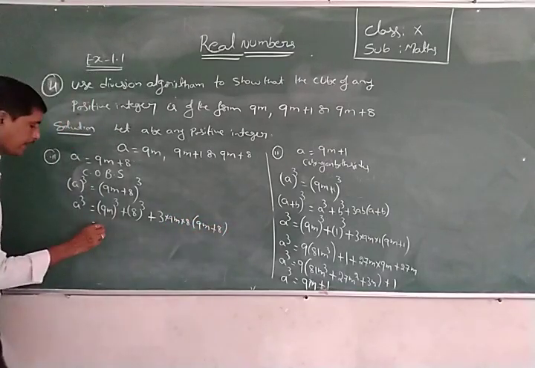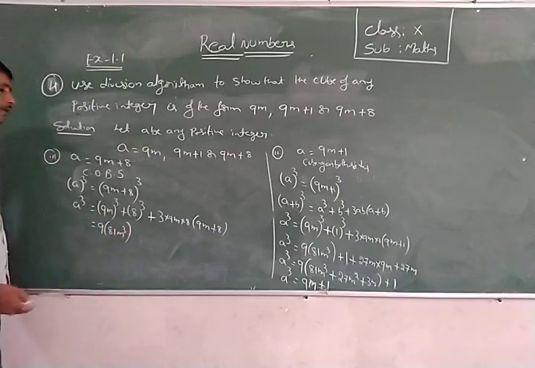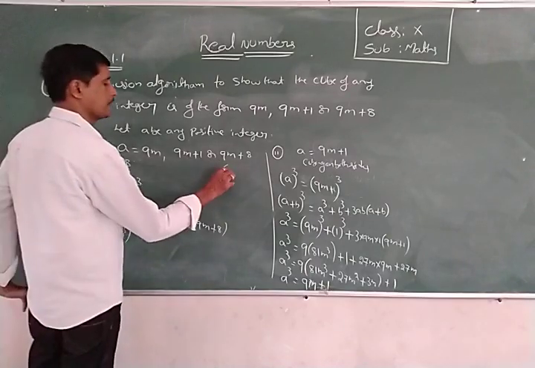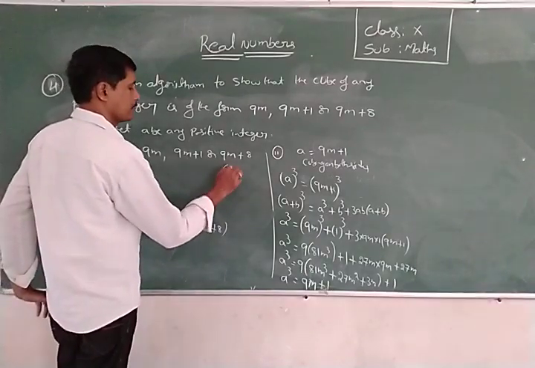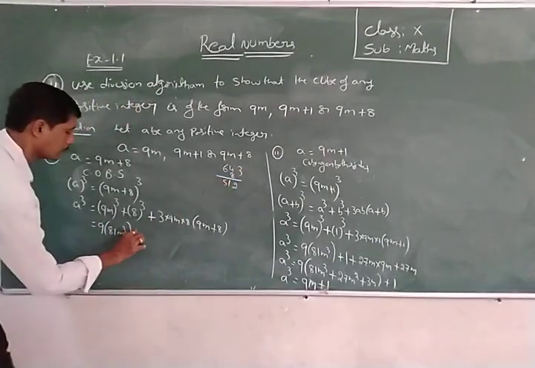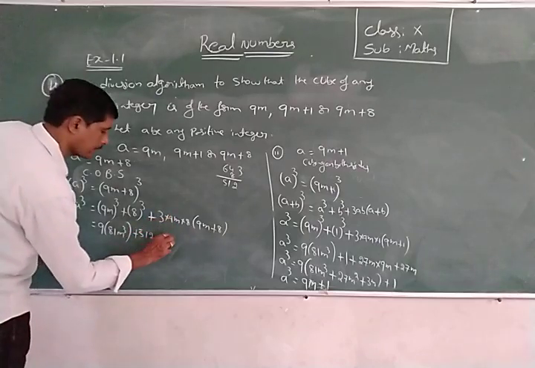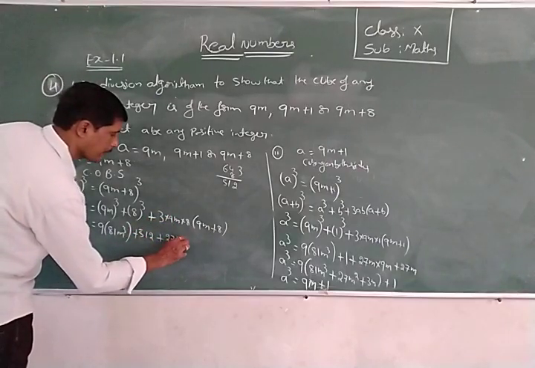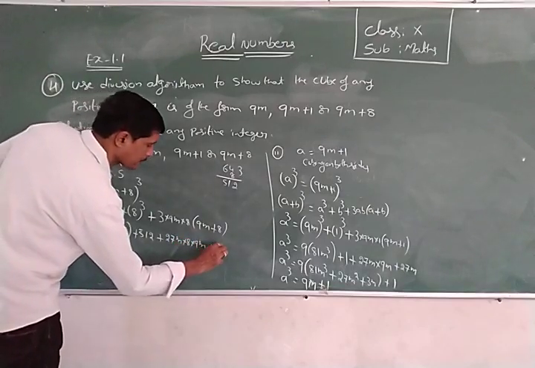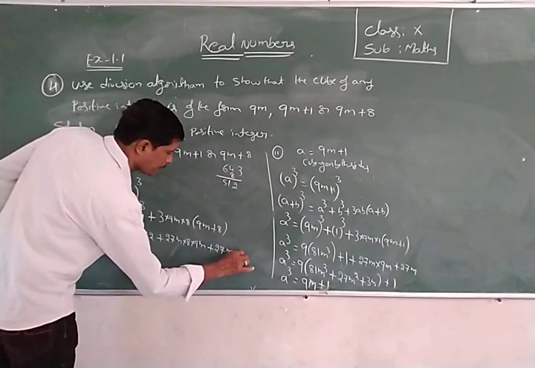Here (9m) cube is 9 into 81m cube. Here 8 cube: 8 times 8 is 64, 64 times 8 is 512. Plus 27m into 8 into 9m, plus 27m into 8 into 8.